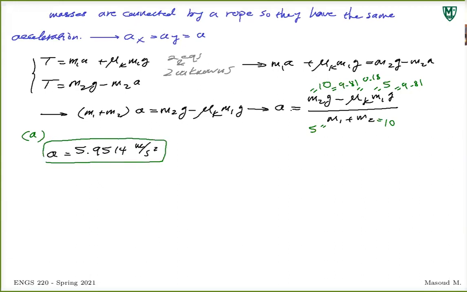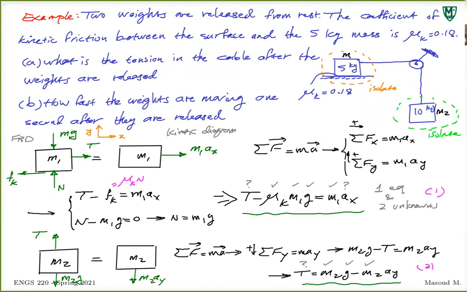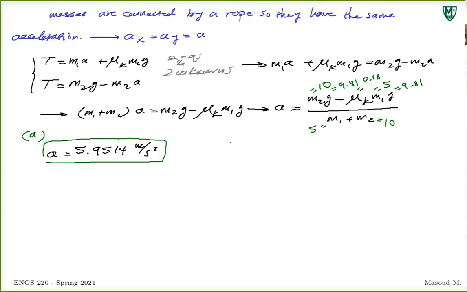Part A. Actually, part A was not asking for acceleration. Now I'm thinking, tension. All right. So you don't really need to do that. Once you know the acceleration, it's two equations, two unknowns, so you go back to your set of equations. You know A, plug in there, you can actually find tension.